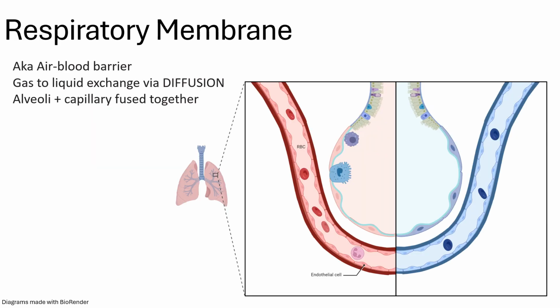The respiratory membrane is the air-blood barrier. This is where items in the air must diffuse through the respiratory membrane and enter into the plasma of blood, and vice versa, in the opposite direction too. The respiratory membrane is made of the fusion of type 1 pneumocytes, which are also called alveolar cells, and the endothelium of blood capillaries.